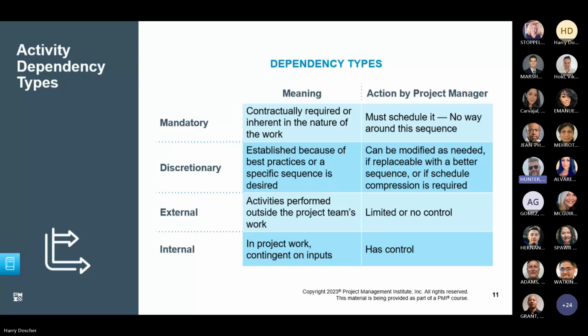Externals are exactly that. There are dependencies on activities performed outside the team's work. If you need something delivered from an external company, you do your best to schedule that, but the project manager has limited or no control over that.